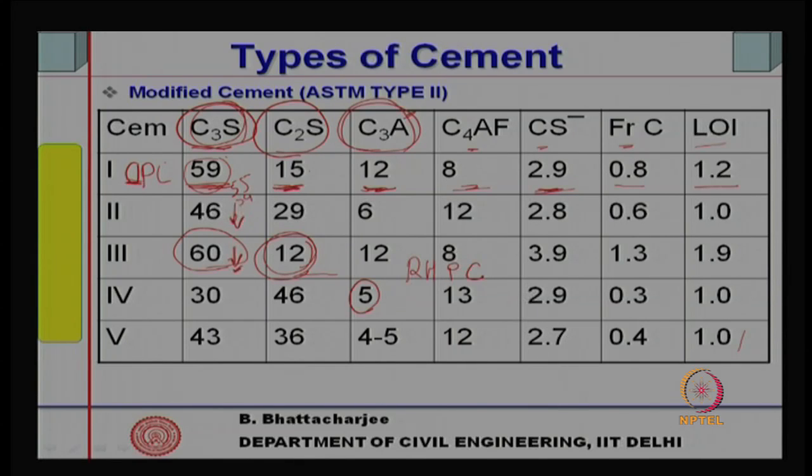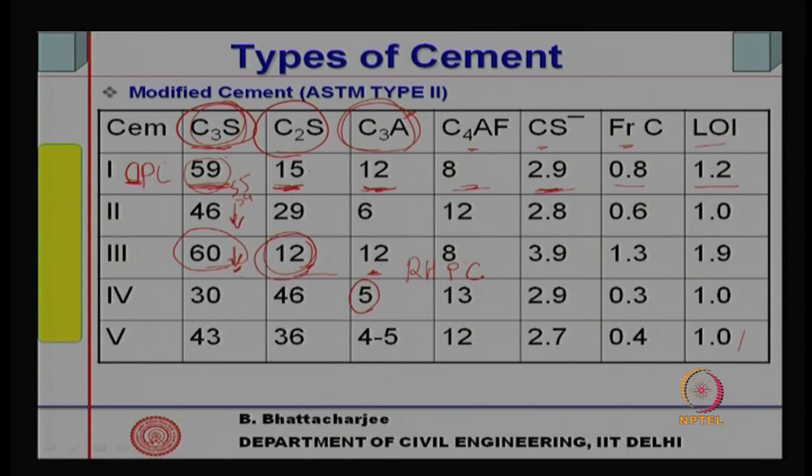So, it will have high early strength, but long term strength would not be there as much. C3A content is relatively high again, not very high, almost similar to OPC. C4AF content is almost similar, and the rest of the things are more or less similar.